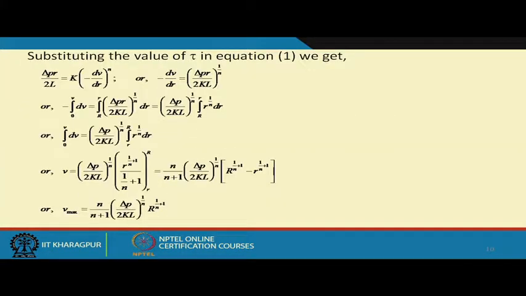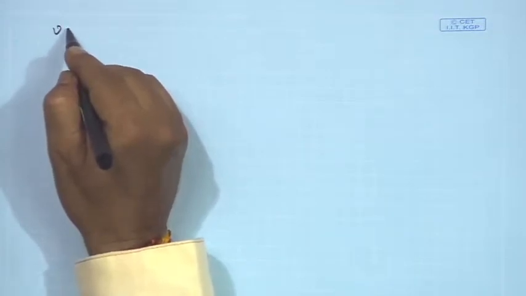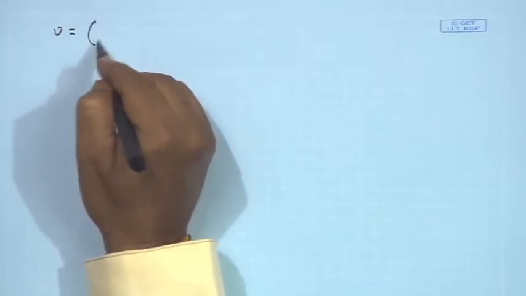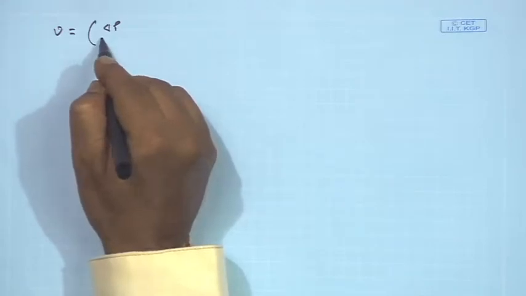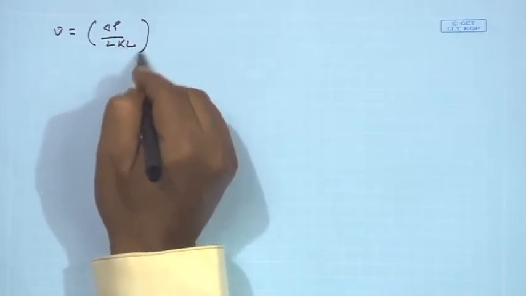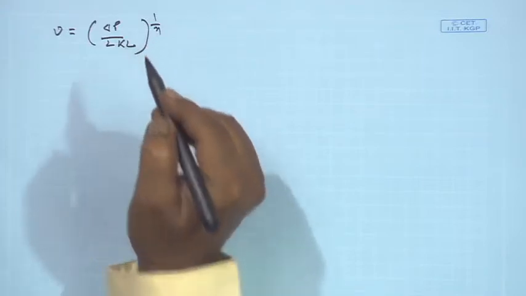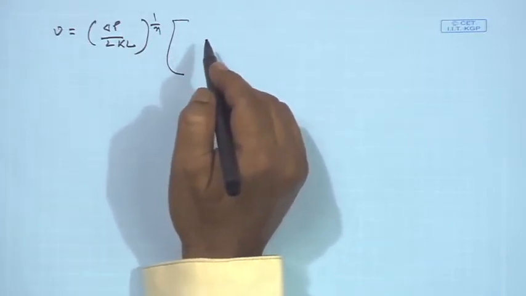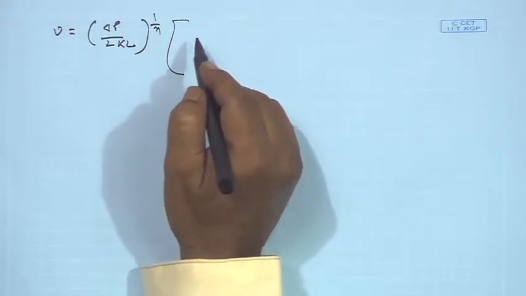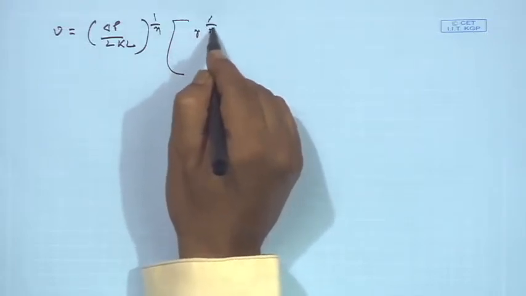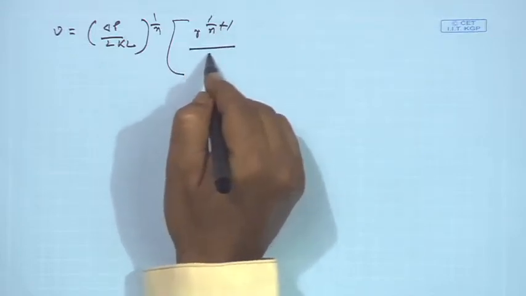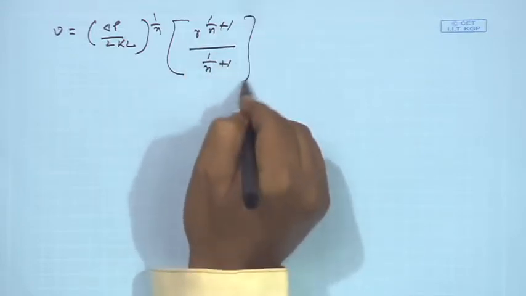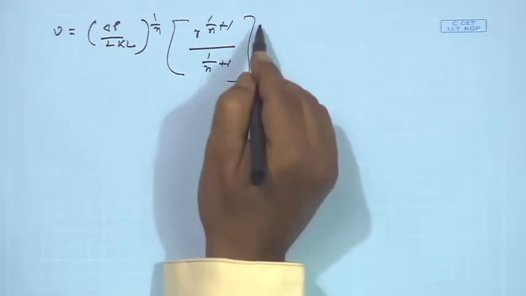this we had developed, that velocity at any instance v was (delta p by 2 k L) to the power 1 by n, and r to the power 1 by n plus 1 divided by 1 by n plus 1 within that limit of r to r.